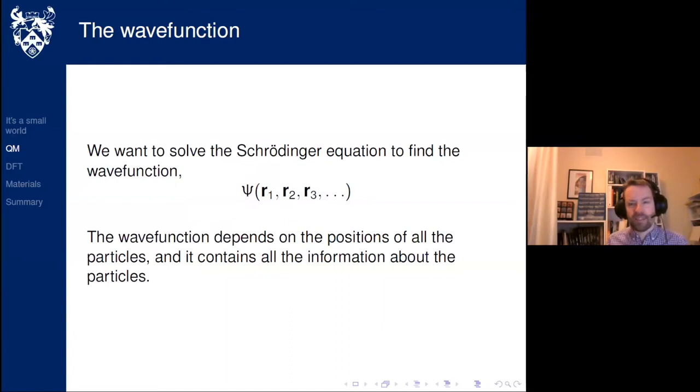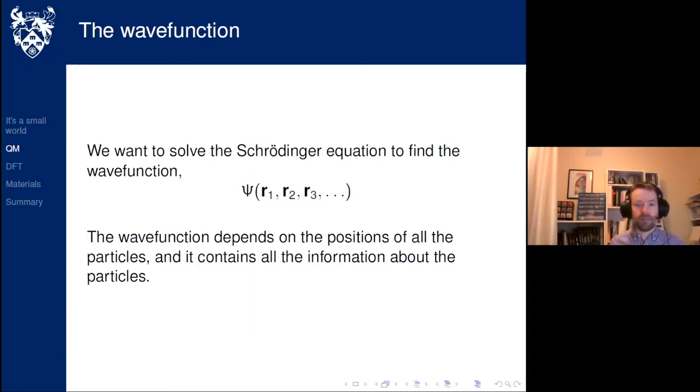How can we predict how they spread out, and how can we predict their properties? Well, we want to solve the fundamental equation of quantum mechanics, which is the Schrödinger equation. And the key thing that I'm trying to discover is what we call the wave function. The wave function, which is often given the symbol psi, is just an ordinary function, except that it depends on the positions of all of the particles in the system that I'm interested in.